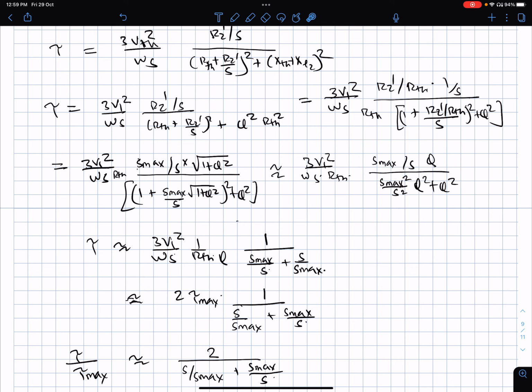So now one set of Q will cancel. So therefore you will get this term here as 3V1 square by omega s R Thevenin times Q sitting here. Now on the numerator here you will have S max by s divided by S max square by s square plus 1.